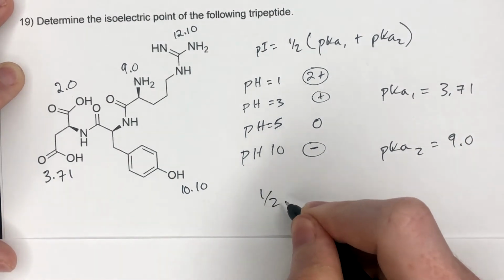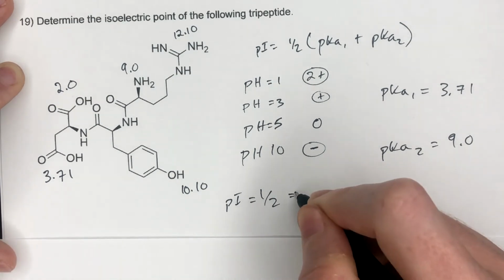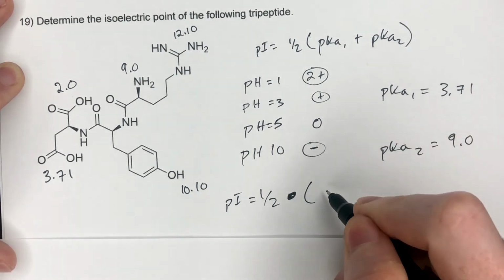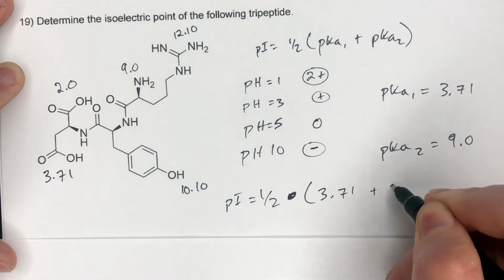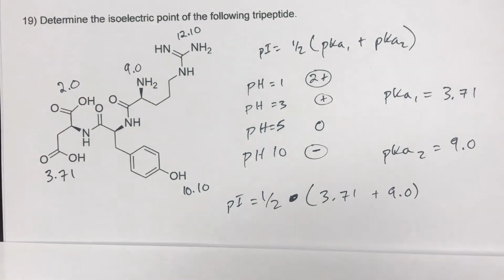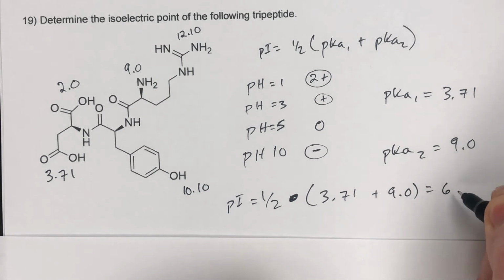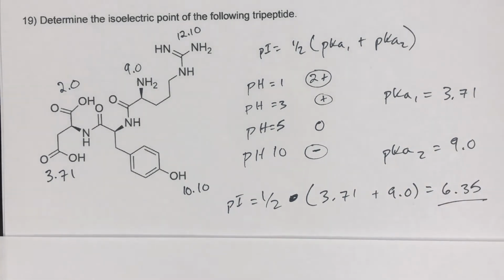So now your pI is the average of these two, and you're done. That equals 3.71 plus 9, it's 12.71, which is 6.355. Okay, that is that one.